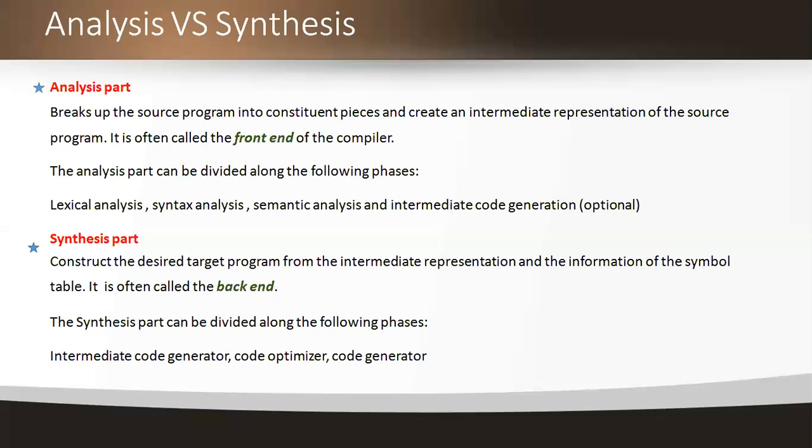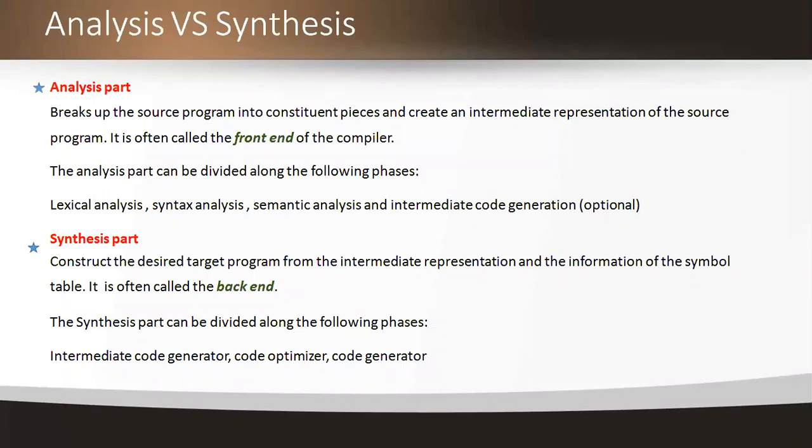So this is about analysis versus synthesis. First, initially defining what the analysis part is and what the synthesis part is, and giving examples: the synthesis part and the analysis part can be divided into some following phases. What those phases are, we defined here.